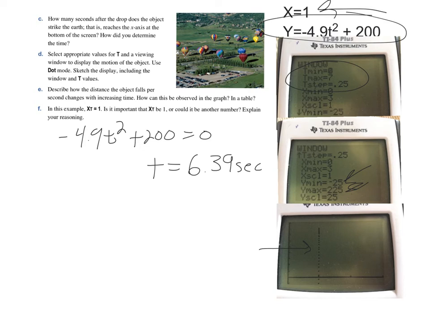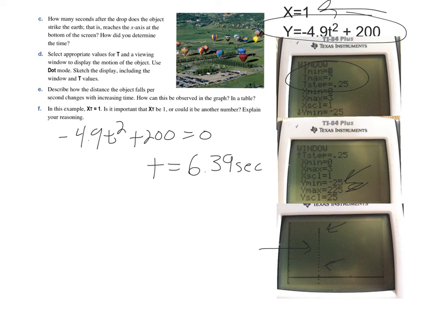Now, due to the pixel setting, it may not appear that way, but up towards the top, you're not able to differentiate really how much distance there is from one 1/4 of a second to the next, because the dots are plotted so closely. Whereas down here you can see that the distance is increasing quite a bit from 1/4 of a second to the next 1/4 of a second.